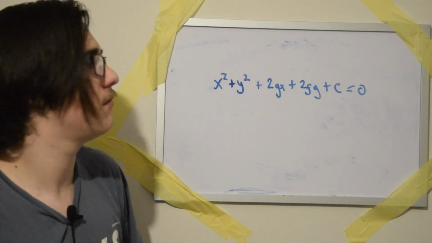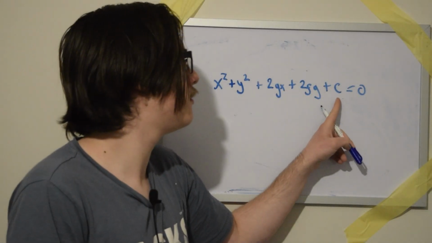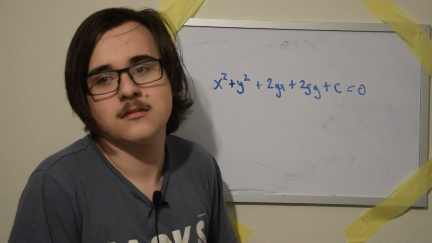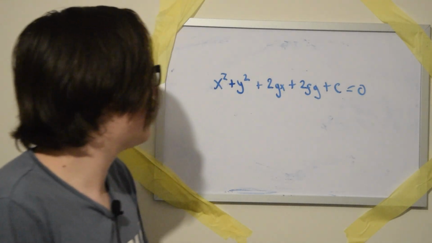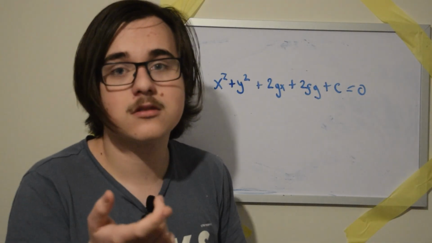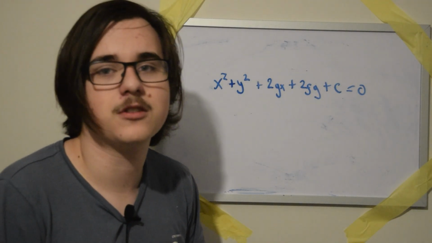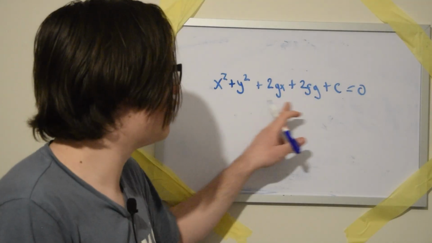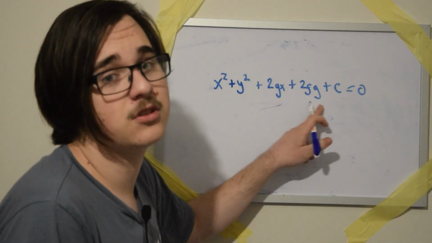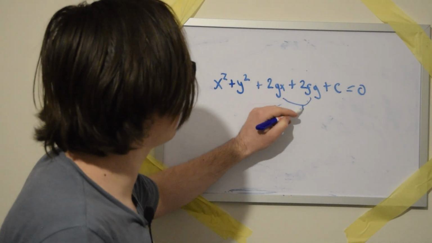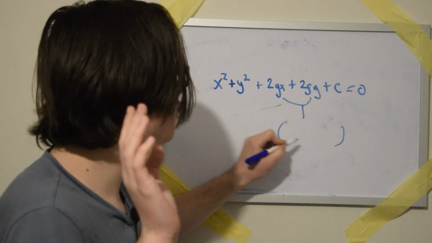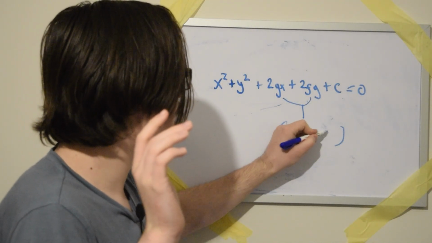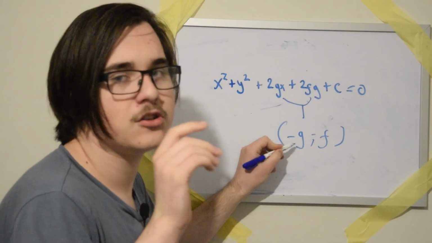Oh, c. And as you may know, because you're smart, this can find the center too, okay? So how you take the center of this is like, imagine the previous equation, just minus g and minus f, and just do that again.